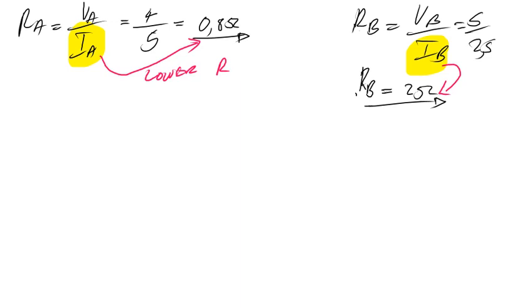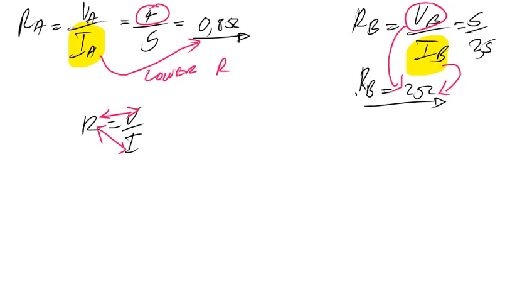Then if you go back to Ohm's law, R is equal to V over I. What does this mean? It means these two, R and V, are directly proportional, and these two, R and I, are inversely proportional. Because look at this: V is lower there and V is higher there, meaning it gives you the higher resistance.